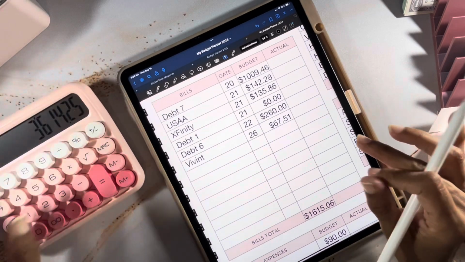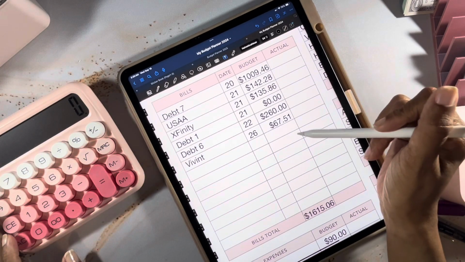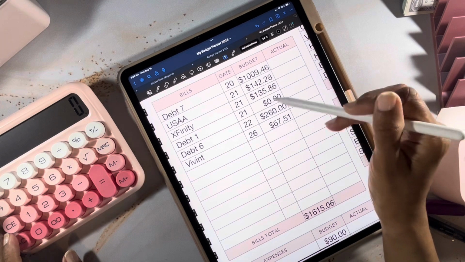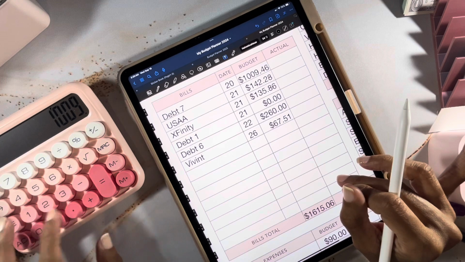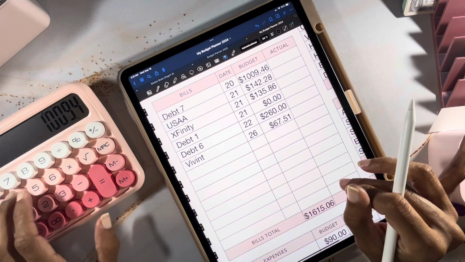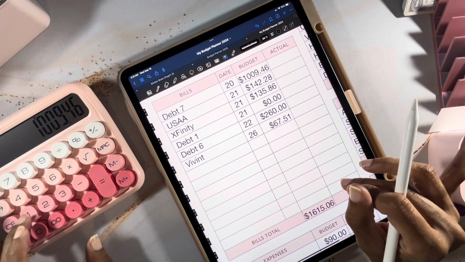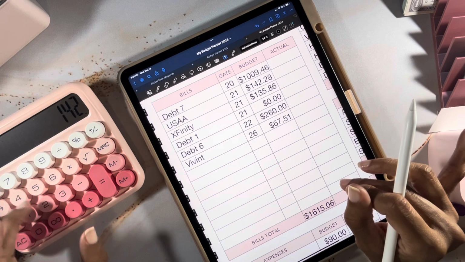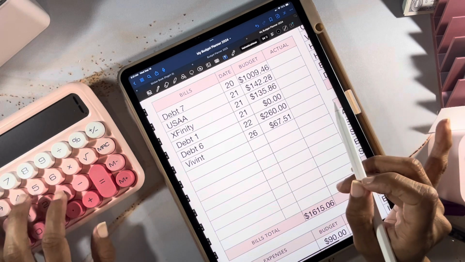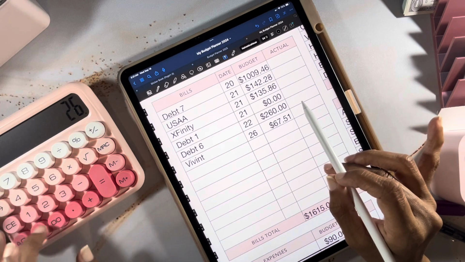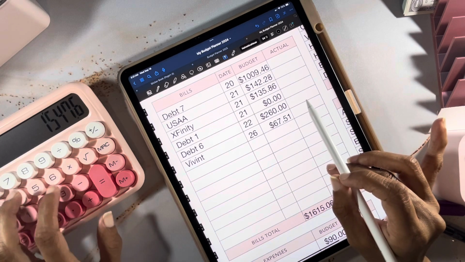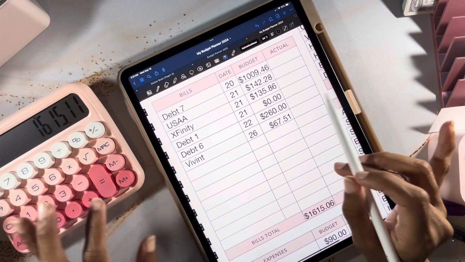All right, so now let's go ahead and total this up, because I think this is all correct here. So debt number 1, 1,046 plus 142.28 plus 135.86 plus 260 plus 67.51.